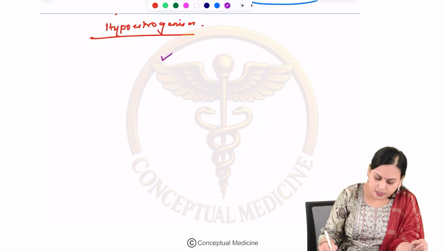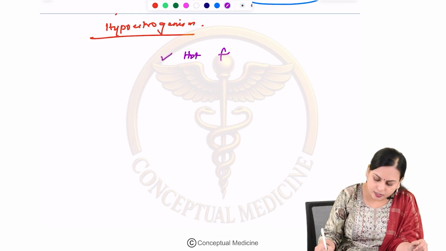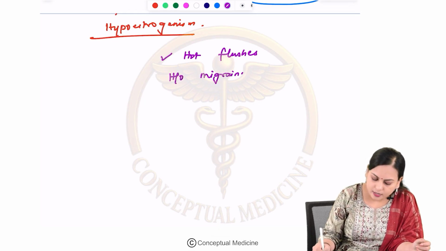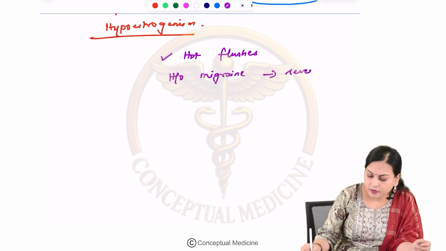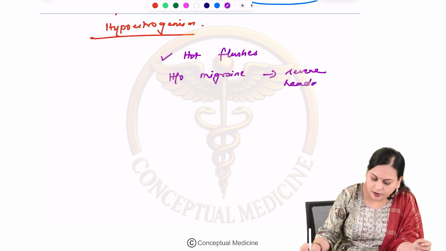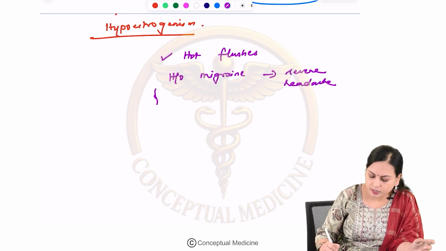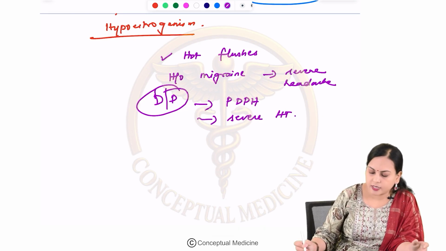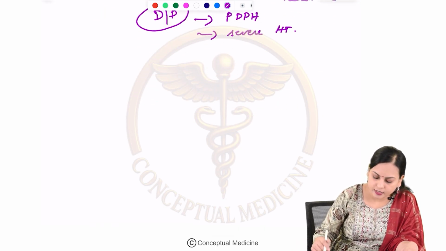So, the women can experience hot flushes, and suppose if she already had a history of migraine, then she can even have a severe headache after delivery. And the differential diagnosis for this is, always keep in mind postdural puncture headache as well as preeclampsia or severe hypertension as well. Clear? Right.